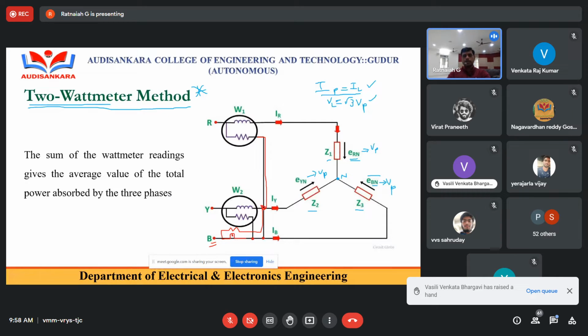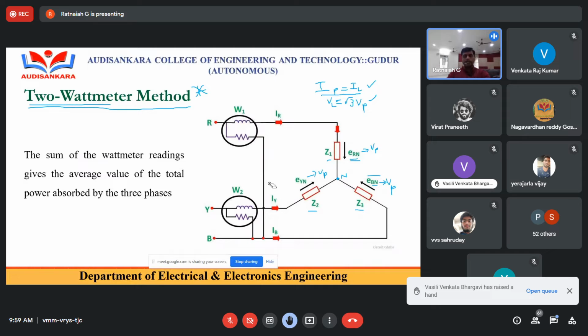So while connecting the two wattmeter method, the current coil is always in series with the load, but both wattmeters' pressure coils are always connected to the remaining phase. That is, the phase where a wattmeter is not available is where we connect the pressure coils. This is compulsory.